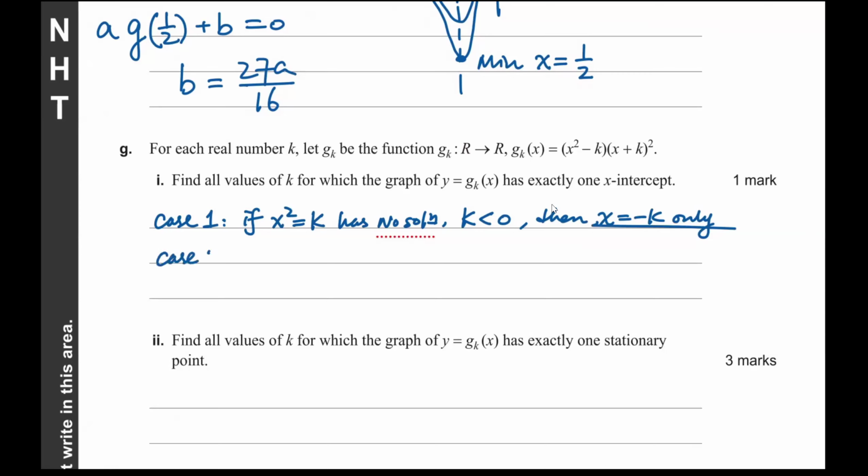You might get, let's say, another case. Well, always look out for some special case. That may well be some critical cases. For example, if you get k equals 0, then g naught of x will be x squared times x squared, which is x to the power 4. So that is x equals 0 only.